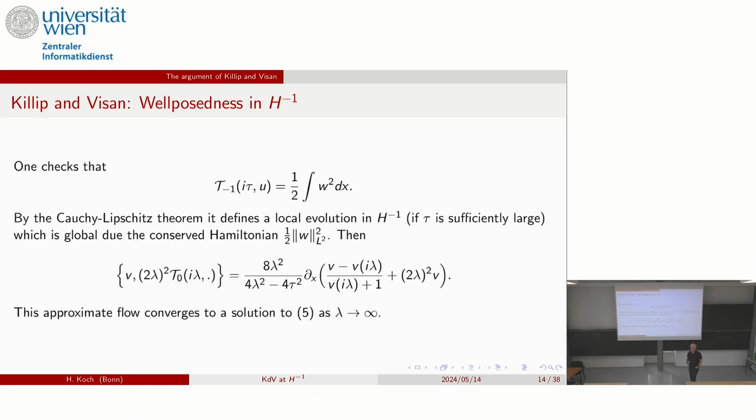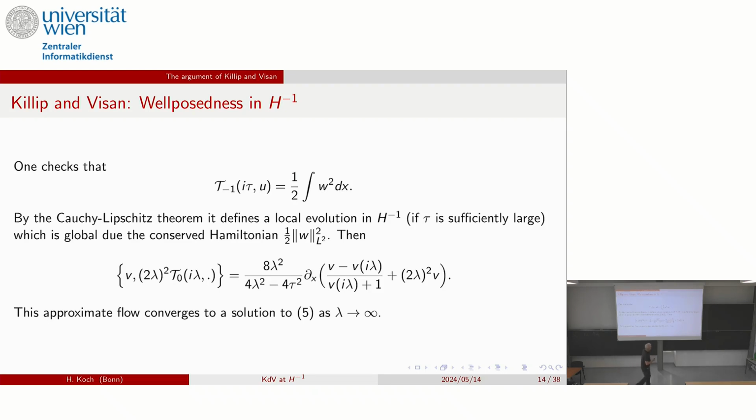So the Cauchy-Lipschitz theorem gives you easily some local existence. But then, since all these quantities Poisson commute, which I think I didn't say, but that's the integrable structure, they Poisson commute, they are conserved, and then you can get a global solution to this Hamiltonian.